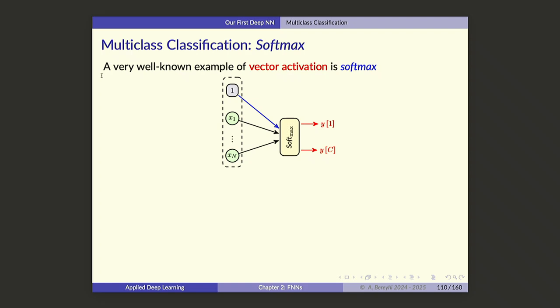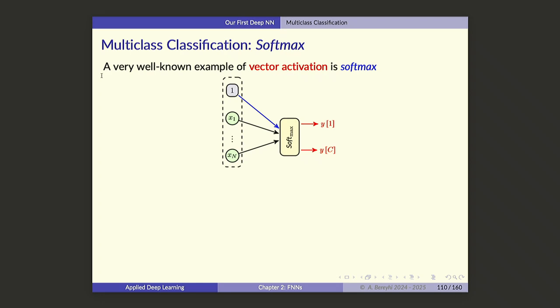You take every single one of them into an exponent, and then you sum them up here. So is it still non-negative? Numerator and denominator are both non-negative. Is it between 0 and 1? Yes, because you have this term in the numerator, and it is one of the terms in the denominator. So the denominator is definitely larger than this one. So it is between 0 and 1.